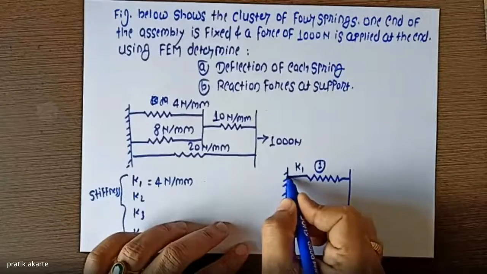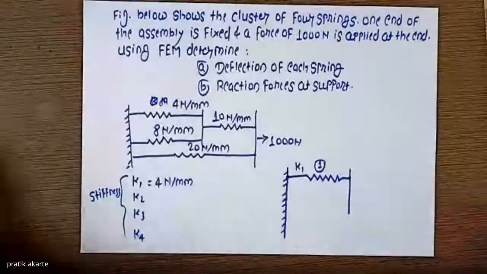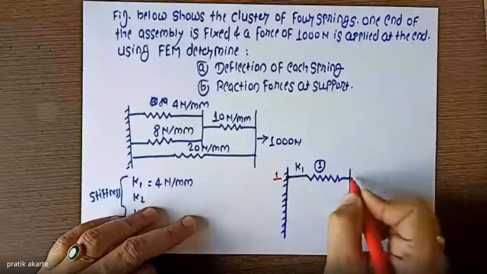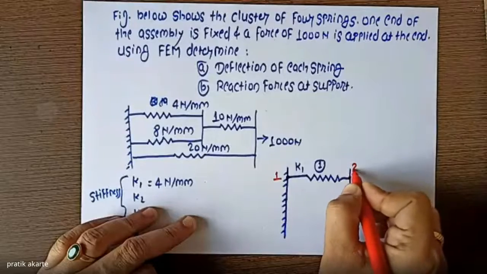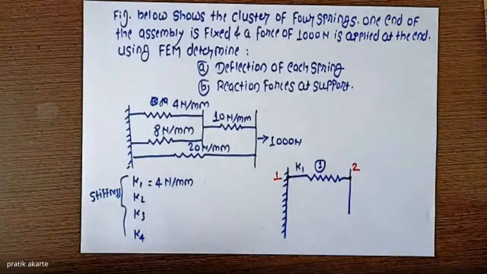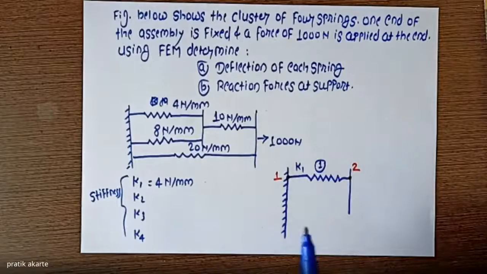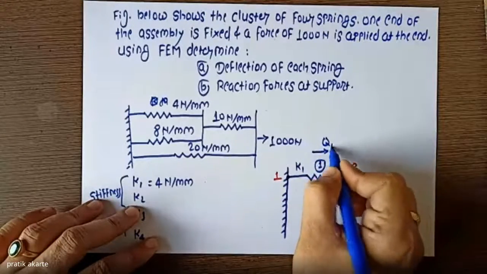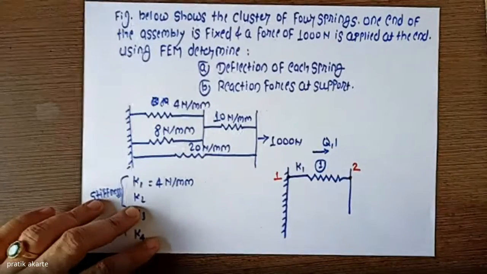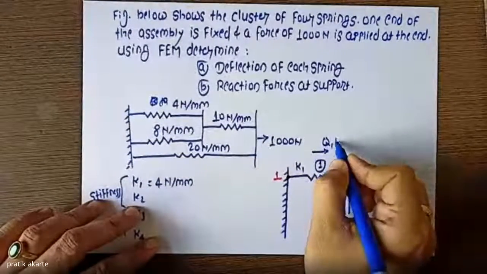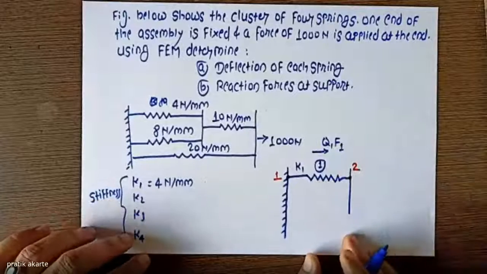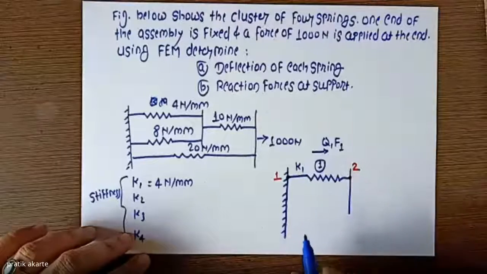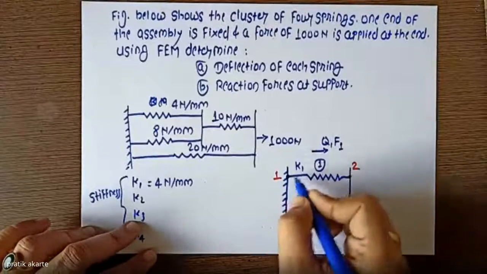I'll write the node numbers: this is node number 1 and this one is node number 2. Also, we have displacement Q1 and force F1 acting at node number 1.